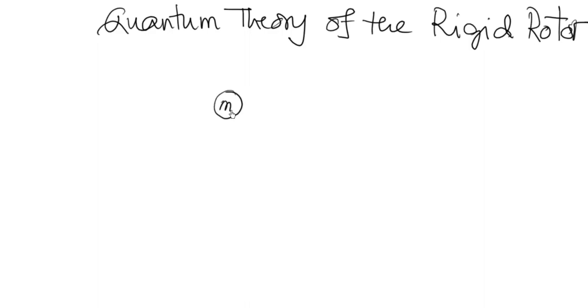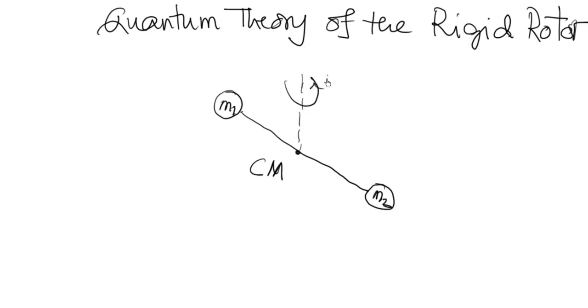Say the mass is here, M1, and another atom has mass M2, and if this point is the center of mass and this rotates about it with angular speed omega, let us say from the center of mass the distance of M1 is R1 and the distance of M2 from the center of mass is R2. CM is center of mass.